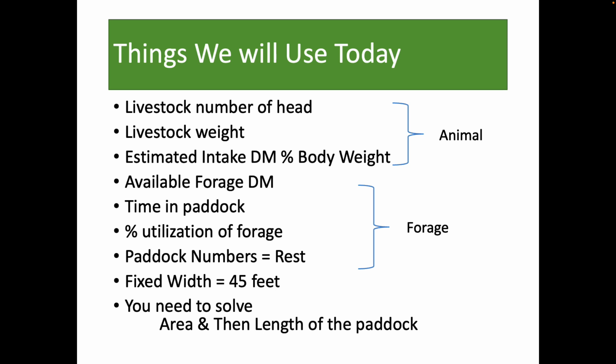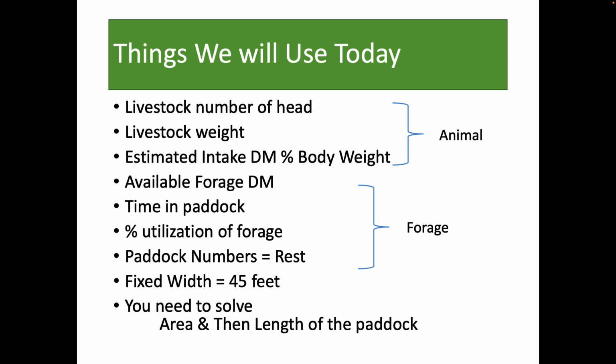The estimated intake is a percent of body weight, and I'll go through that tomorrow when we talk about meeting the nutritional needs. But as a general rule of thumb for beef animals, and it would catch the lower intake of sheep, 3% of their body weight on a dry matter basis is a good rule of thumb for intake. 3% is going to catch most of our forages early in the spring.